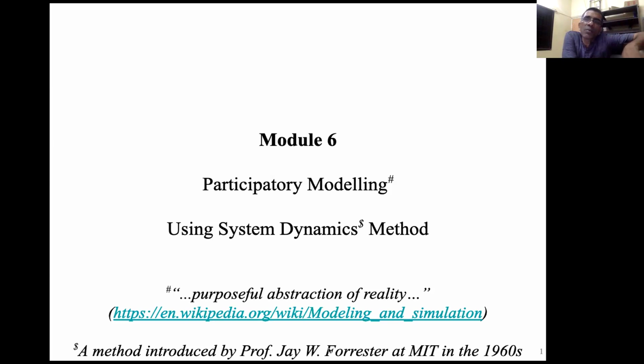But the moment you try to model a socio-economic situation, it is better you talk to people, the stakeholders. So one of those methods of doing it is system dynamics. There are other methods, agent-based modeling, Bayesian networks. There are several other methods. So we chose the system dynamics method because it's one of the most popular.